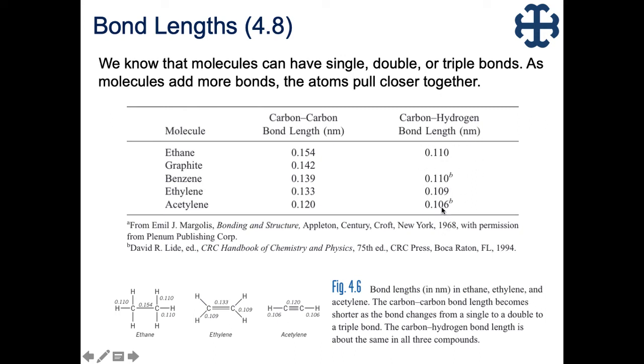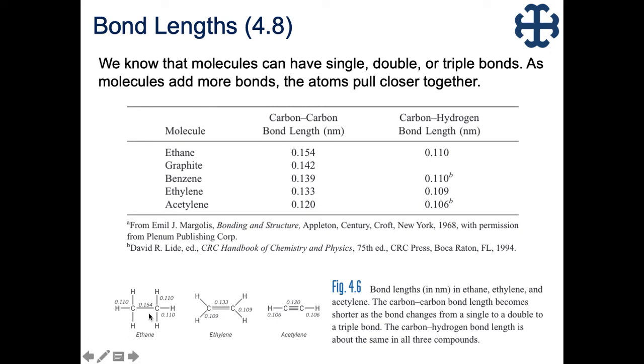There's a little bit of difference in acetylene, but the 3 I want to pull out here are ethane, which is shown down here, ethylene, that has a double bond, and then acetylene, which has a triple bond. So you can see as our bond order increases, as we go from a single bond to a double bond to a triple bond, we get closer and closer between our carbon atoms.